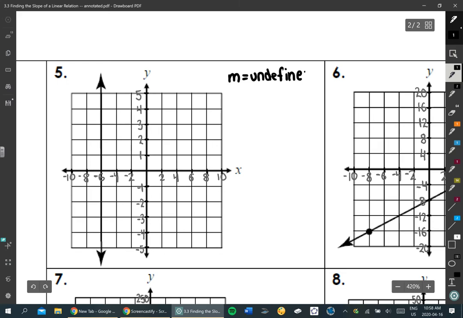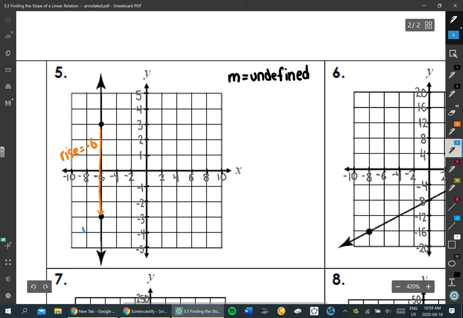But let's explain why undefined. So again, with M, we have rise over run. So let's pick 2 points, okay? Any 2 points, all right? So my rise is going to be down, okay? So my rise is going to be, I go down by 6. So rise equals -6. But what is my run?